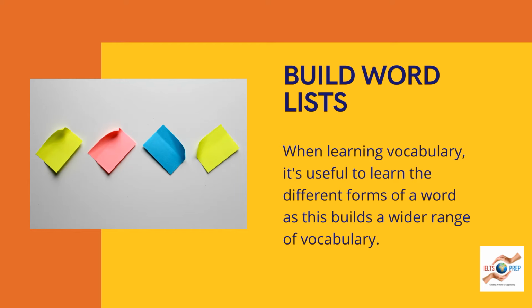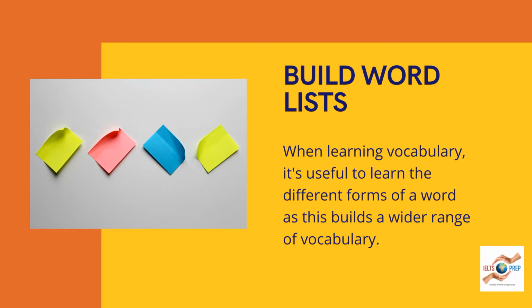While you're preparing for the exam, it's also important to be continuing to improve your overall general English. Now, one way to increase your vocabulary is to build word lists. So when we learn a new word, think of the different forms of that word and write it down. Don't just write one individual word.